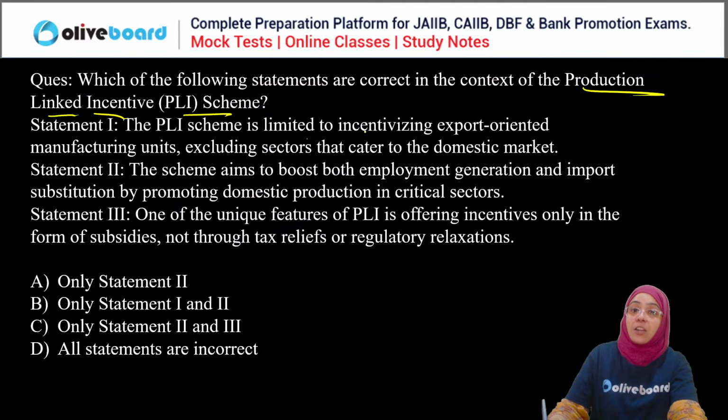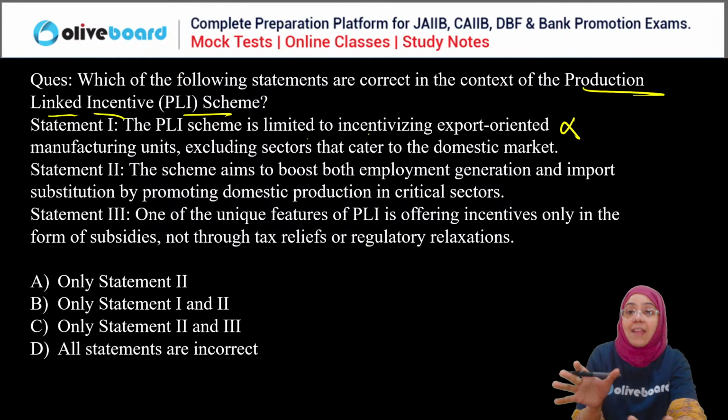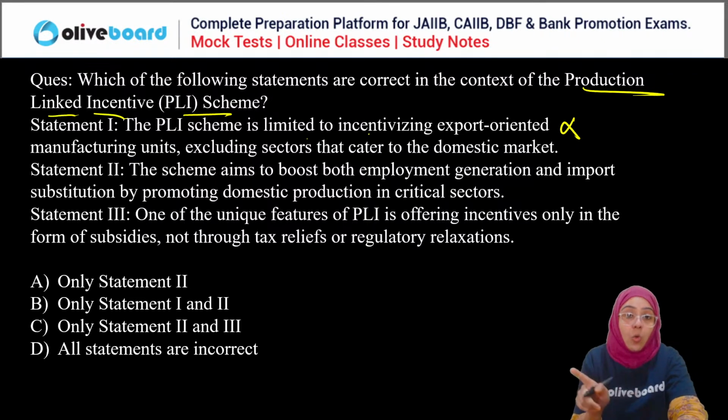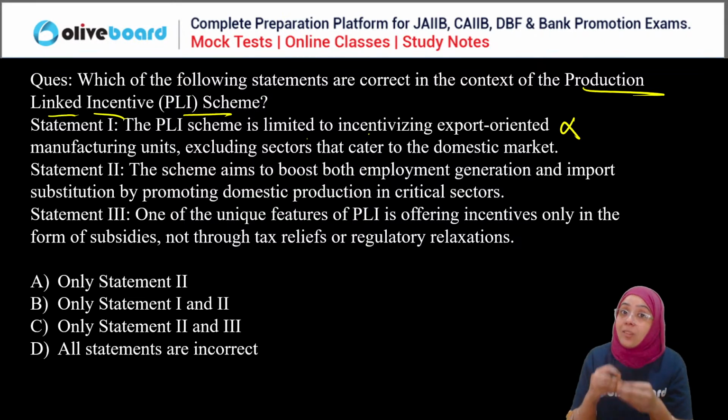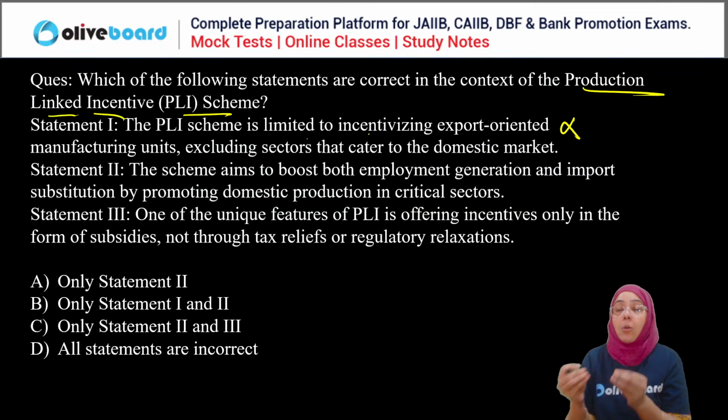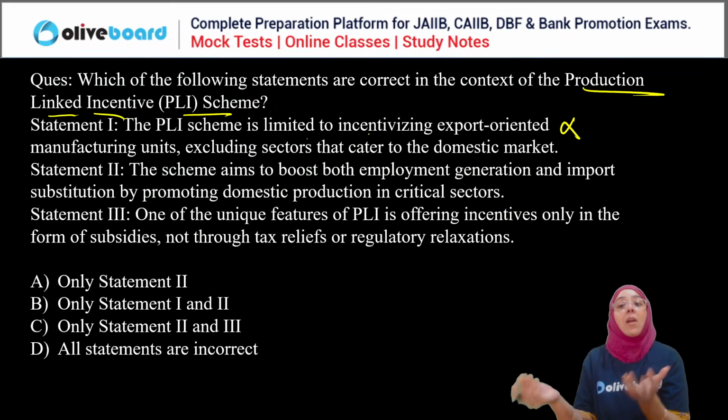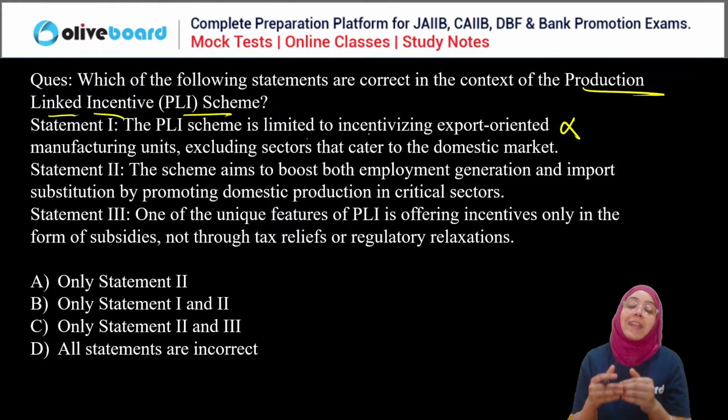The PLI is limited to providing incentive to export oriented manufacturing products. No, the production linked incentive scheme is not limited to only export oriented manufacturing units. It also includes those sectors which are producing goods for the domestic market. If you are producing goods for the domestic market, you are included. If you are producing goods for export, you are also included. So the production linked incentive scheme includes both markets, right?